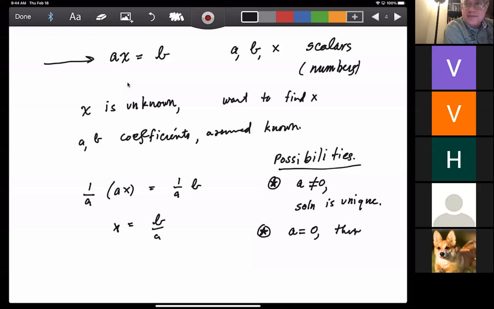Then there's two sub-possibilities. If B is not equal to 0, there's no solution. And the other sub-possibility is that B is equal to 0. So in that case, our equation becomes 0 times x is equal to 0, or 0 equals 0. And it doesn't matter what x is. So there's infinitely many solutions.